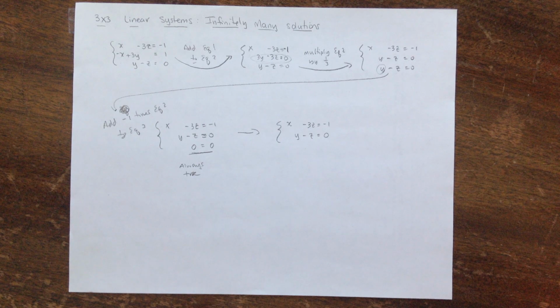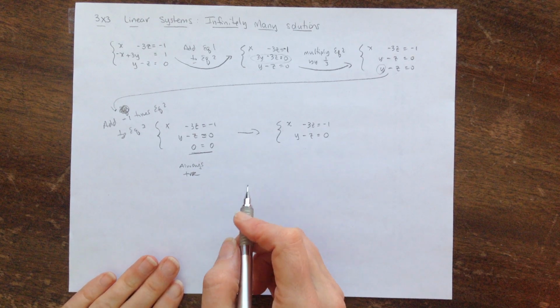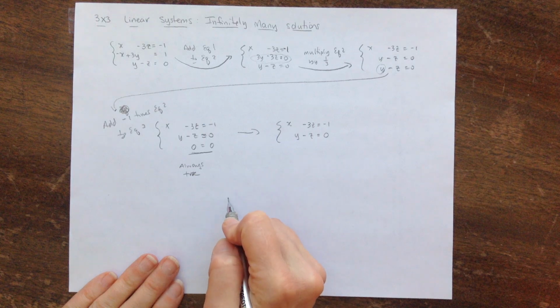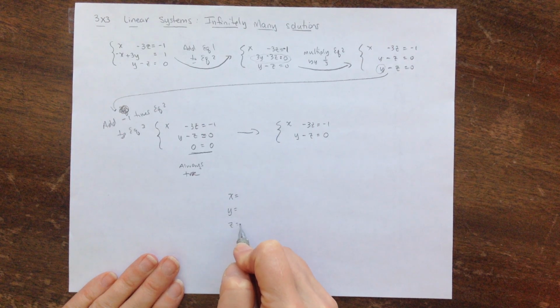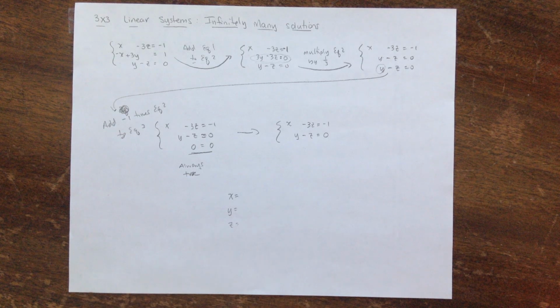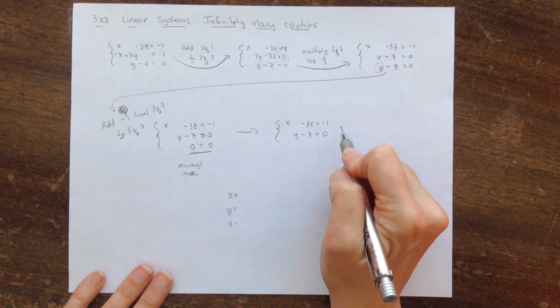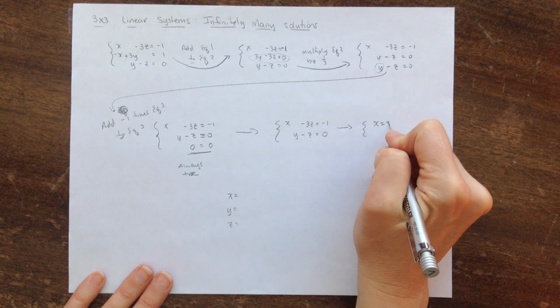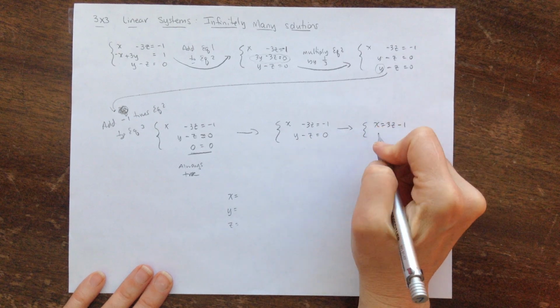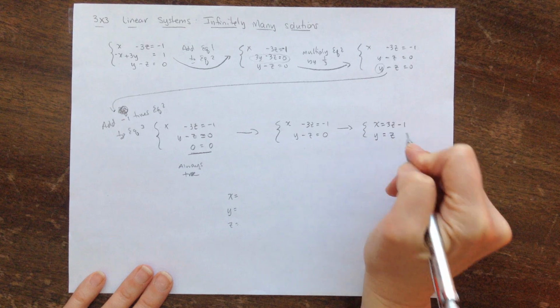And you know, when you solve a system, as we've done before, if it's got a solution or solutions, you want to write it as x equals something, y equals something, z equals something. I can sort of do that here because I could solve this first equation for x and get x equals 3z minus 1, y equals z.